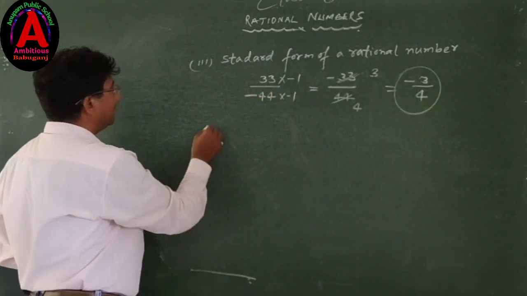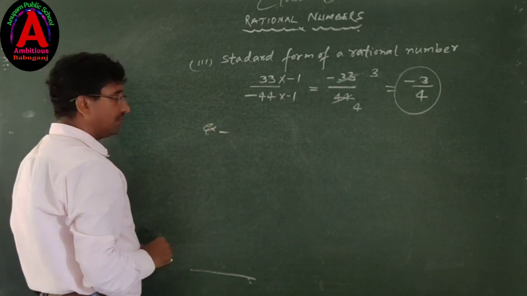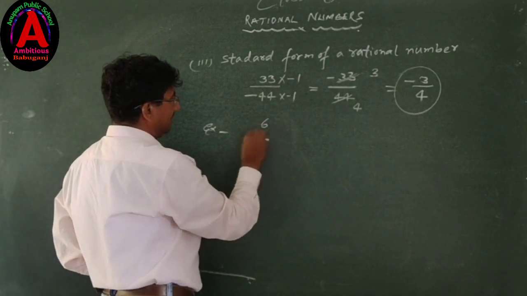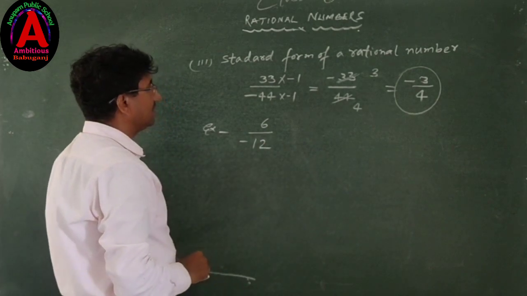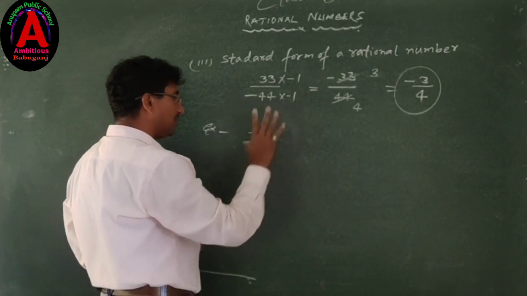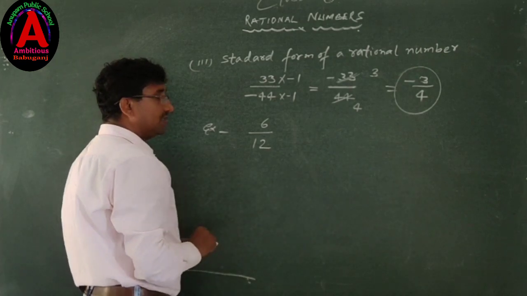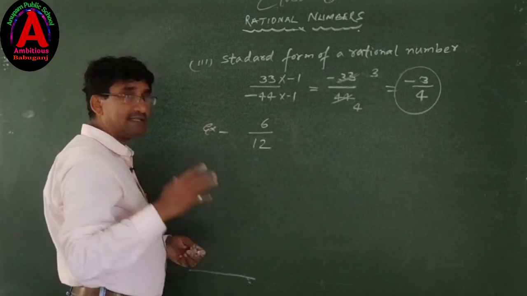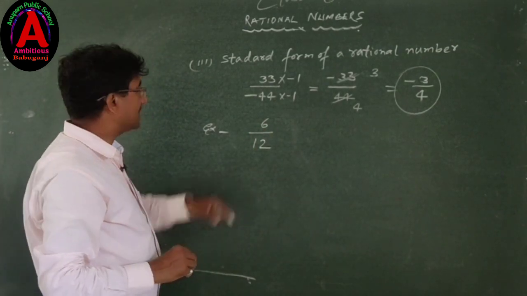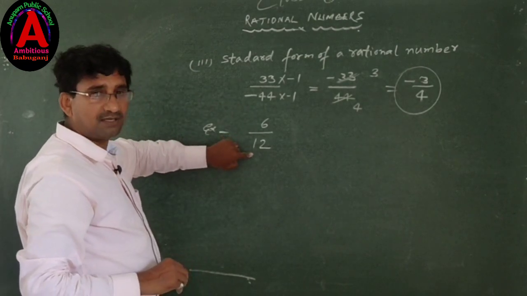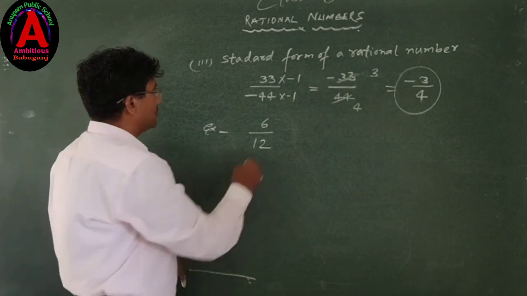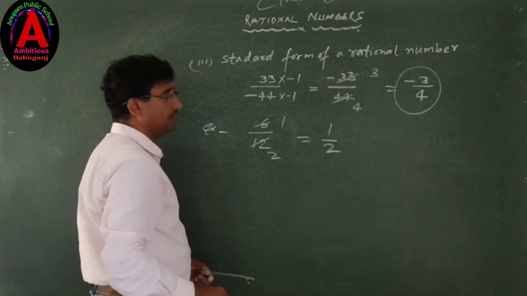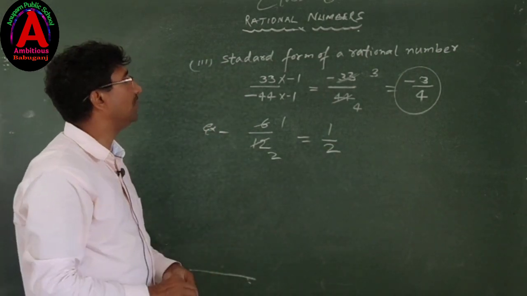In another example, take 6 by 12. The greatest common factor of 6 and 12 is 6, because both can be divided by 6. So 6 divided by 6 is 1 and 12 divided by 6 is 2. So the standard form is 1 by 2. This is called the standard form of a rational number.